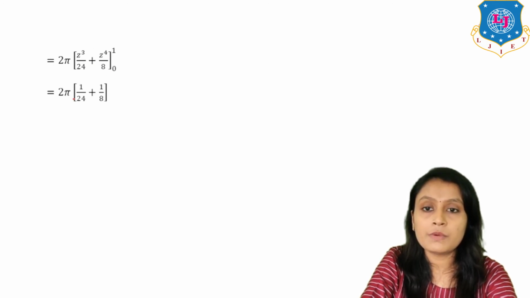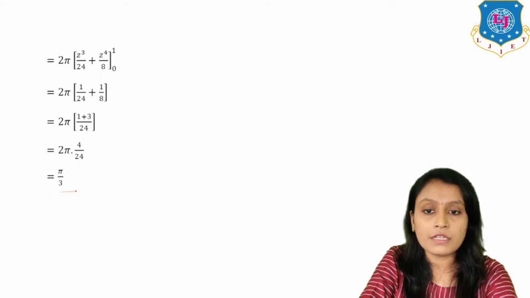Substitute the limit, so you will get 2 pi into (1 upon 24 plus 1 upon 8) for limit 1, and substituting 0 gives the lower limit as 0. Simplify this and you will get the answer as 5 by 3.